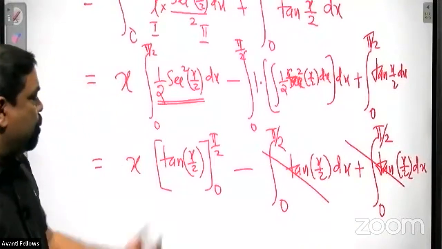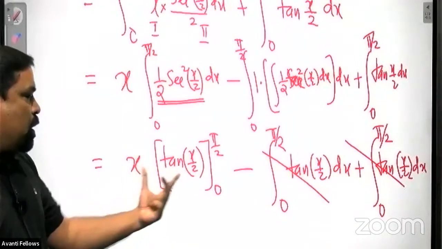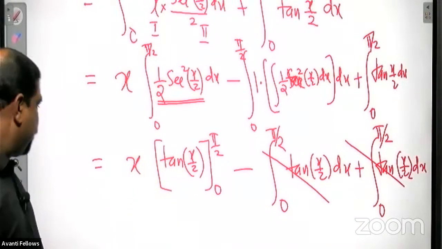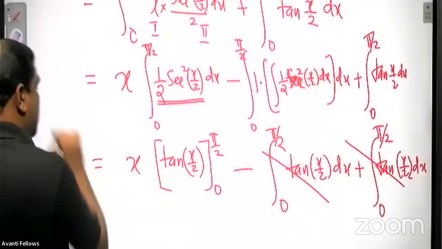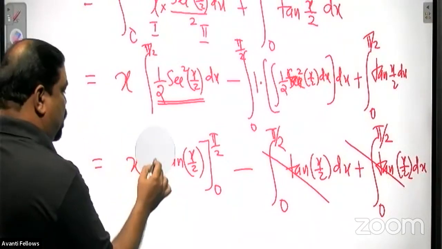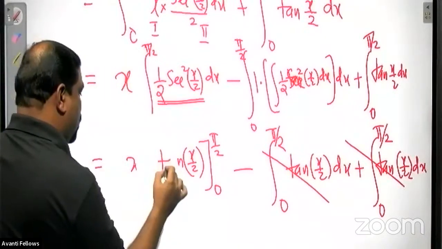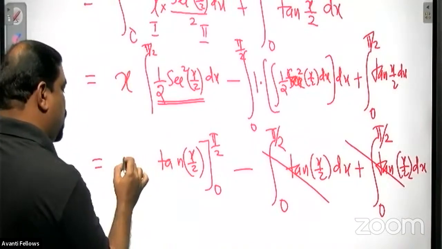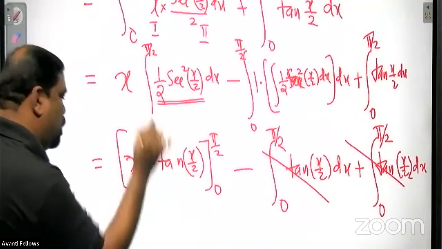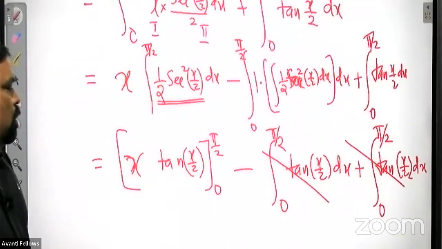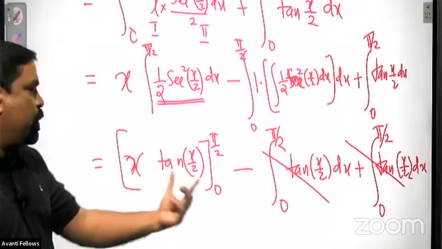So what is remaining? Only this term, x into tan x by 2, with limit 0 to pi by 2. When we put the limit, we have to put it everywhere.